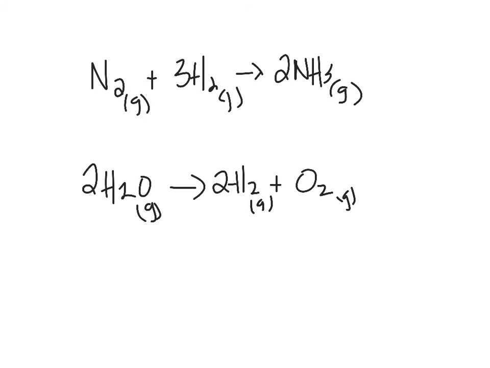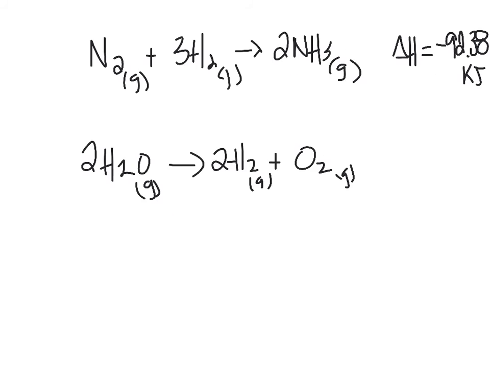NH3, and then delta H equals negative 92.3 kilojoules. Well done. Now, Nikita, what'd you do for the second one? 2H2O plus 483.6 kilojoules. Reaction equals 2H2O. Yep.